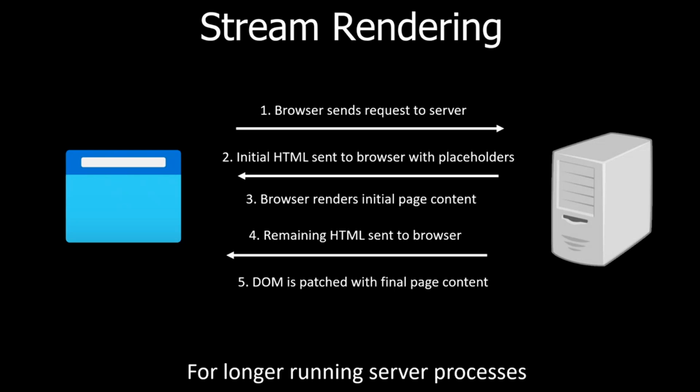And then while the server continues to work, when it finishes its work, it can send the rest of the HTML to the browser, and the DOM can be patched with that final content. And so, again, this is all about improving the user experience, providing more responsive feedback to users. And again, this is more intended to be used in those scenarios where you have longer running processes.